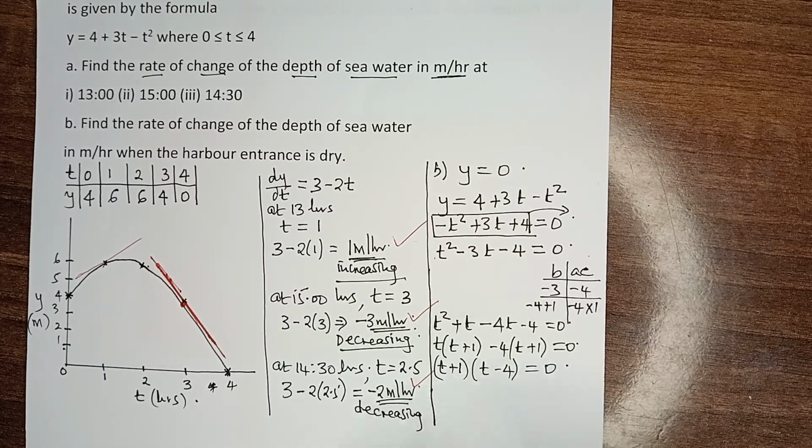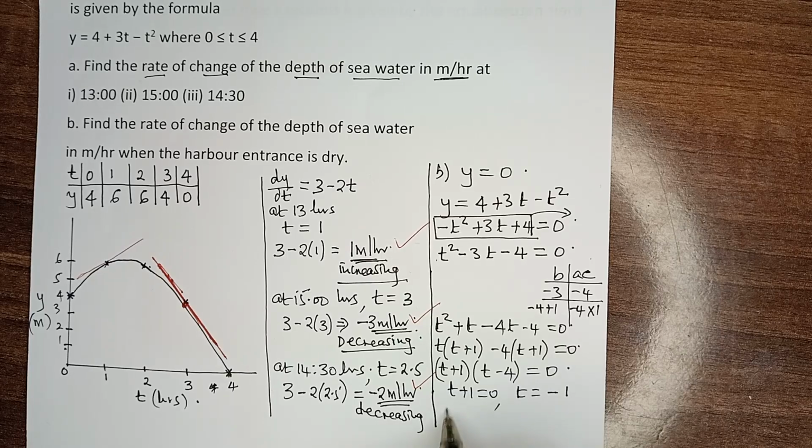It is either t plus 1 equals 0, and if this is true, t is equal to negative 1, or t minus 4 equals 0, and if this is the case, then t is equal to 4. It is very true, because from our graph we can see when t is 4, then the height of the harbor is 0.